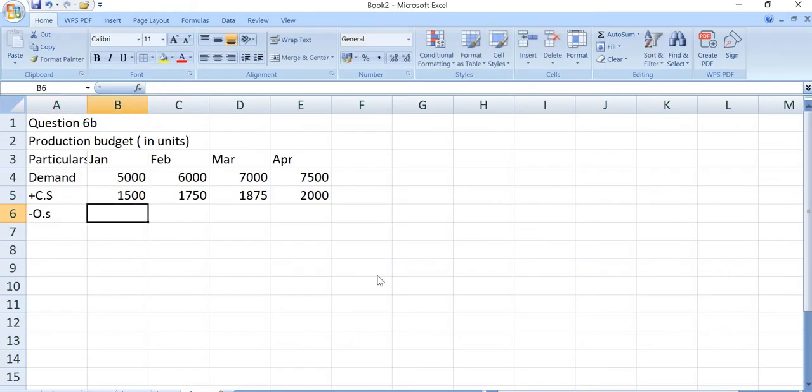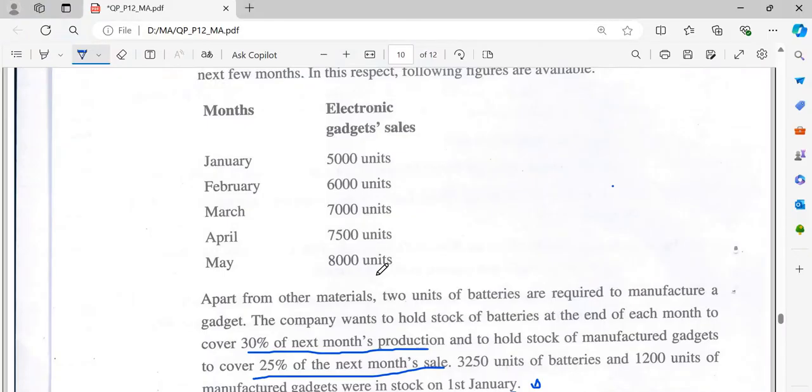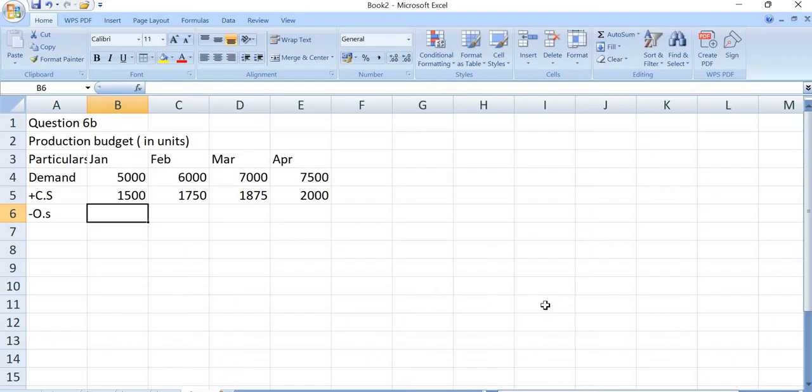Then we can reduce the opening stock. The opening stock they have mentioned is 1,200 units of manufactured gadgets. So minus 1,200. Jan's closing stock will be Feb's opening stock. So minus 1,500, minus 1,750 and minus 1,875.